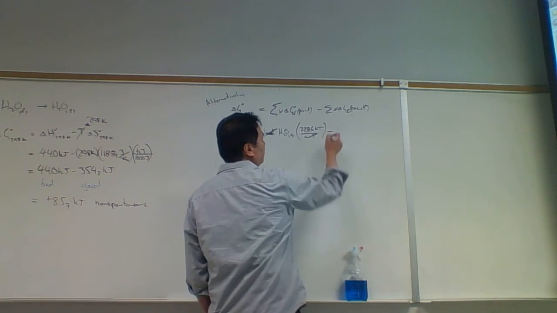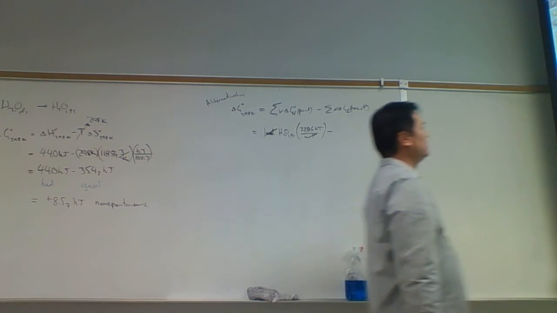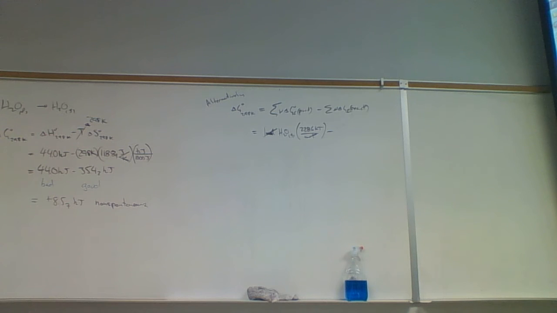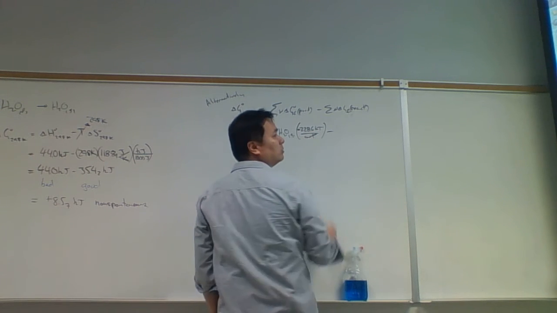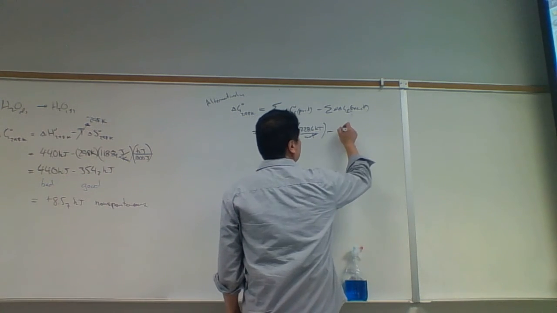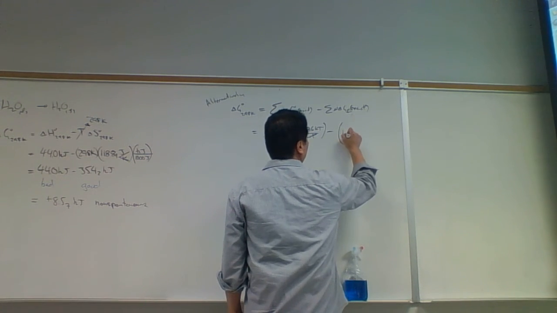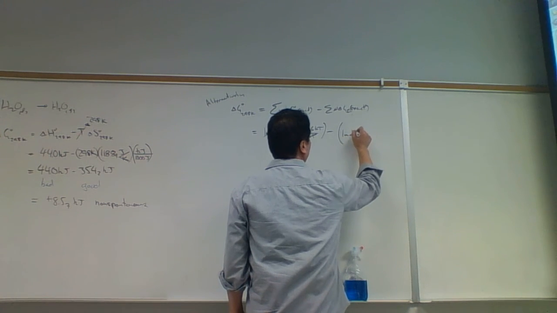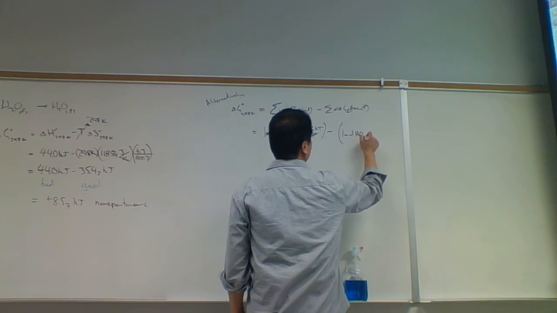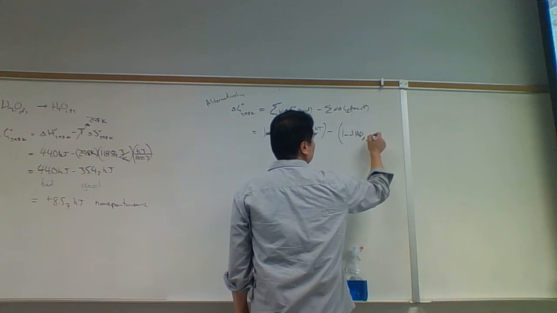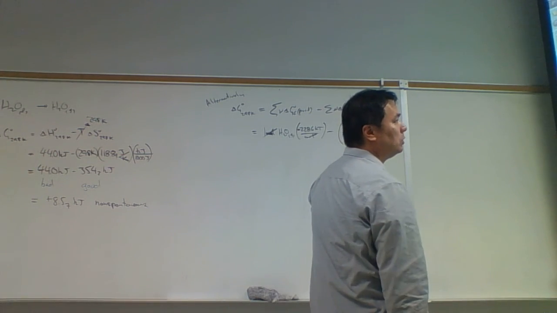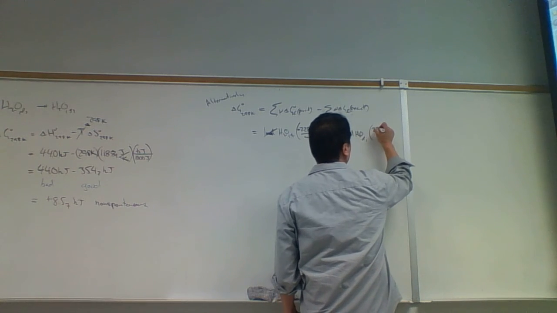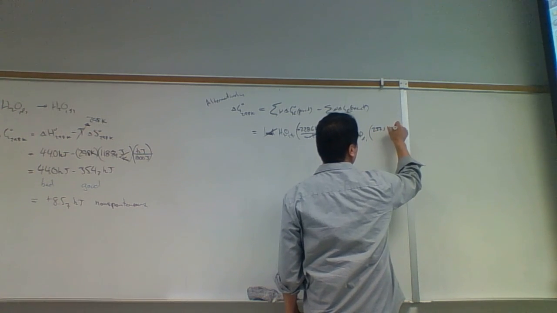Minus, well, we only have one reactant, it's H2O liquid, and its delta G of formation is negative 237.1. So this is minus 1 mole of H2O liquid times 237.1 kilojoules per mole.